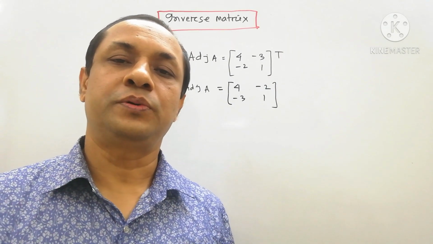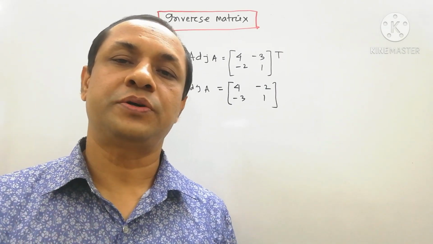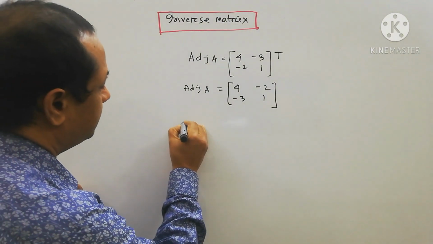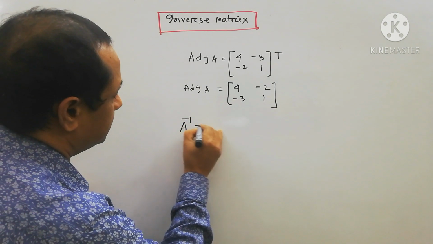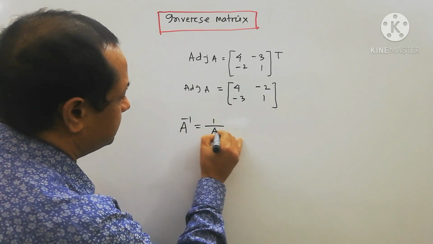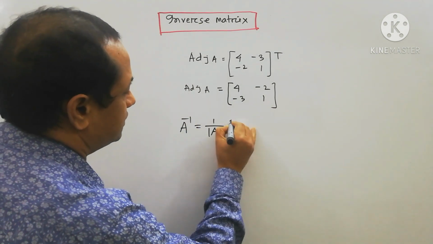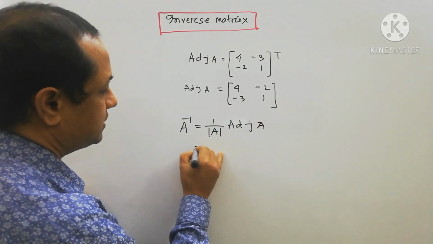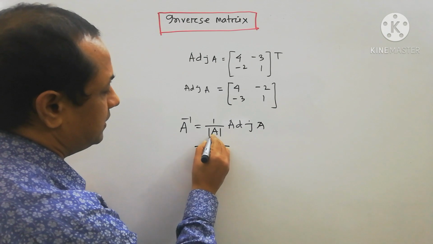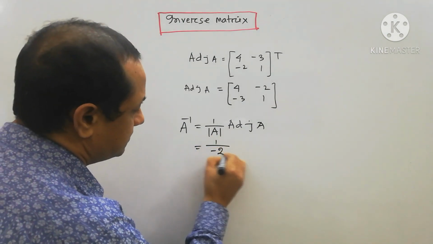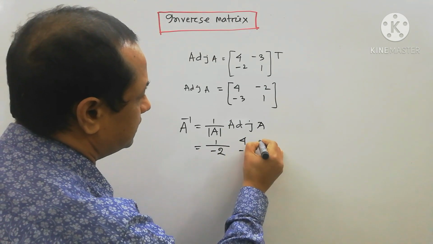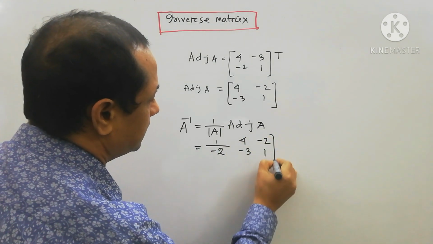So students, we know that by the definition of inverse matrix, A inverse equals 1 by determinant of A times adjoint of A. Now putting the value, determinant A is minus 2 and the adjoint matrix is 4, minus 3, minus 2 and 1.